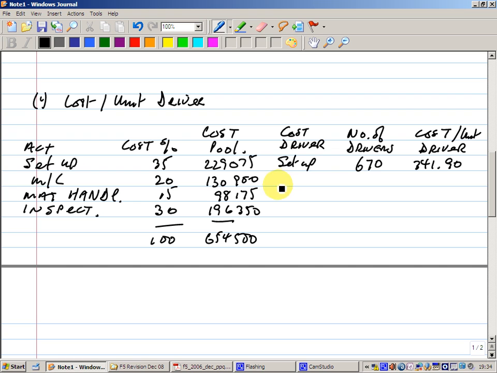We continue like this to work out the rest of the figures. Machine hours would be the cost driver for machining. Material movements would be the cost driver there, and inspections would be the cost driver there.